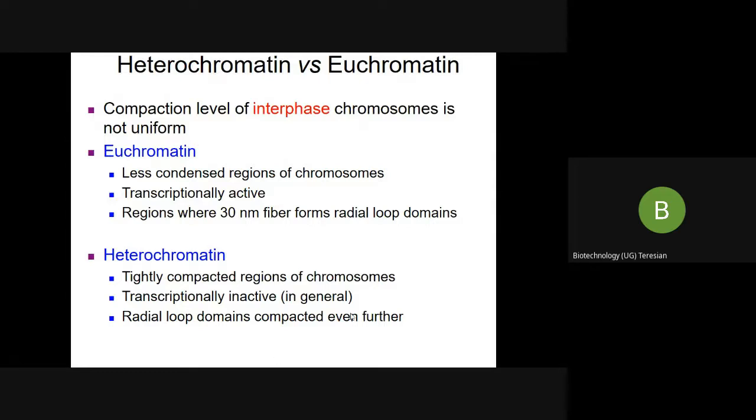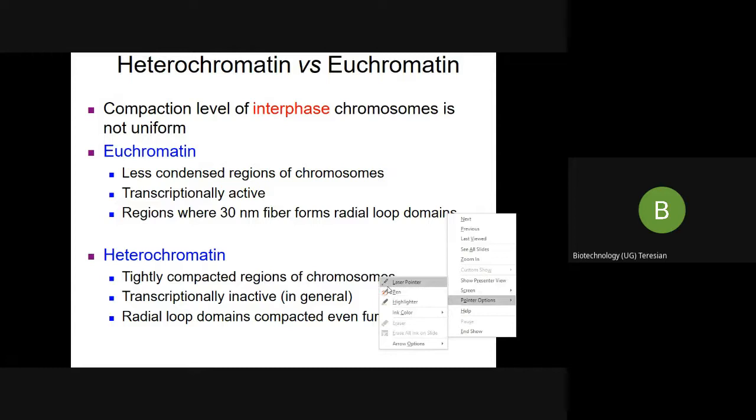So heterochromatin and euchromatin have definite features. You can see that the euchromatin, as we spoke, is the less condensed region of the chromosome. If it is less condensed, it means it is loosely coiled. Since it is loosely coiled, it is a transcriptionally active region. And this is the region where the 30 nanometer fibers form the radial loop domains. Let me draw it and show you.